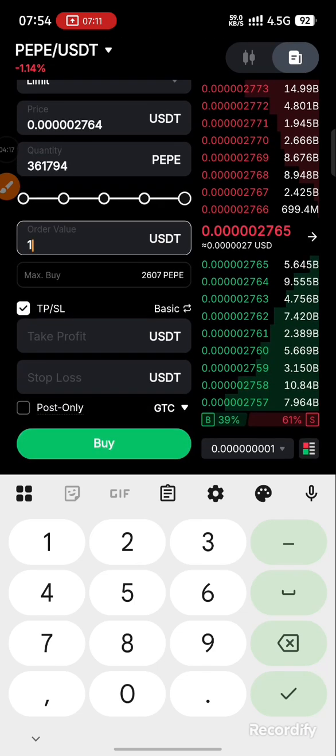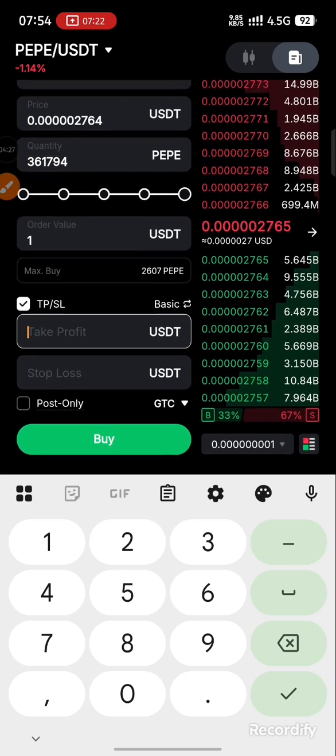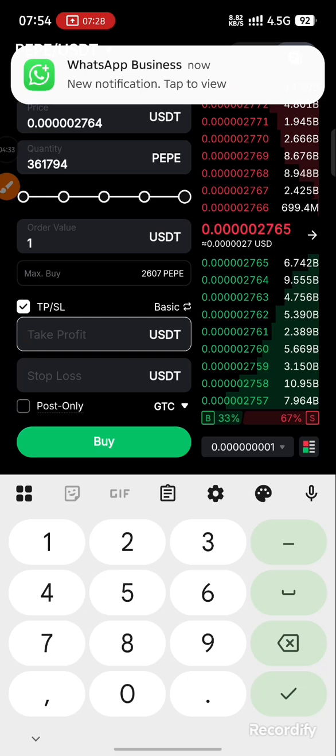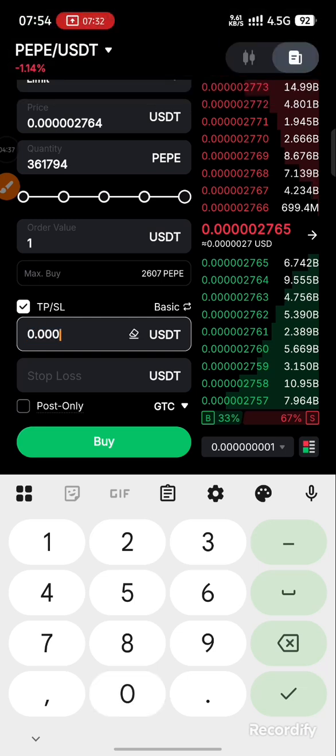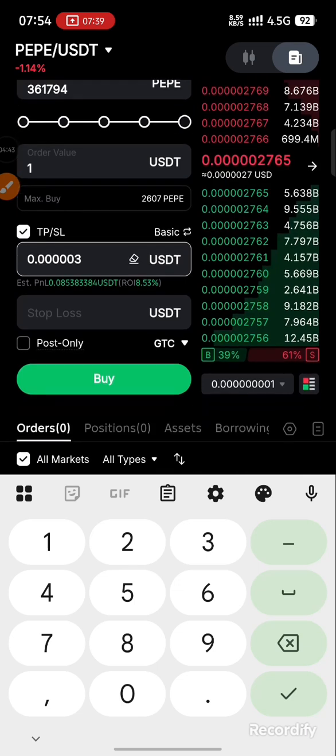We come to this place to set our take profit and also stop loss. The first thing you must set is your take profit. Now look at this particular coin, 0.12345. That's 5 zeros. Let's say we take our profit when this coin reaches 0.12345.